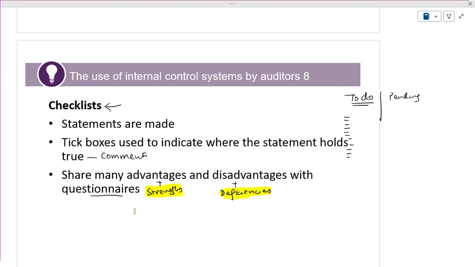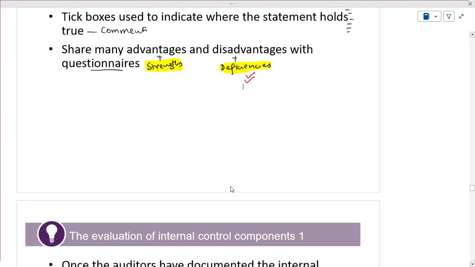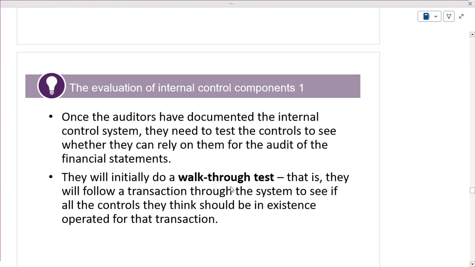They will not focus more on strengths, but they will focus more on deficiencies. Now, once you have documented the control with narrative notes, flow charts, ICQ, ICEQ, you need to test the controls, to see whether you can rely on them.